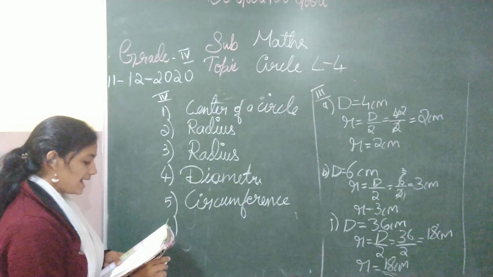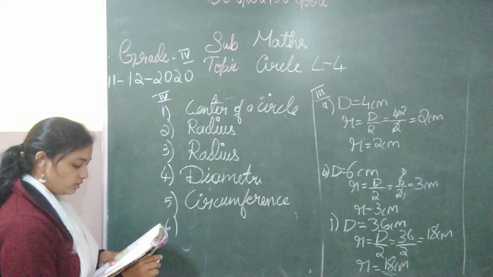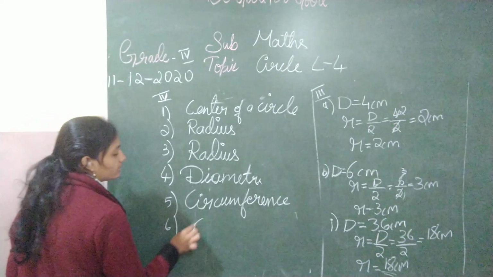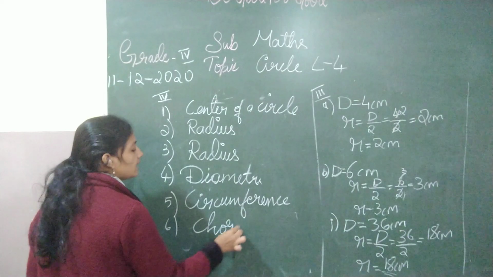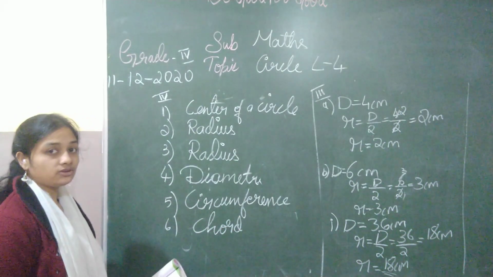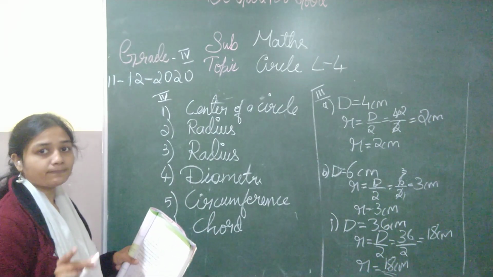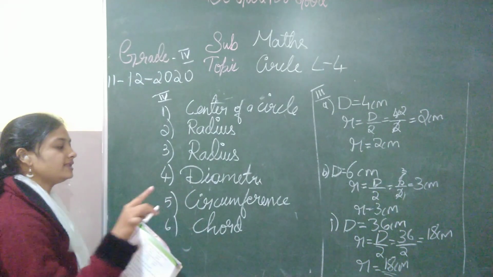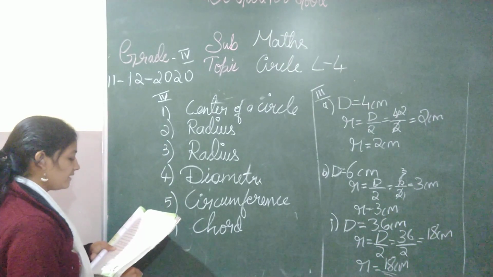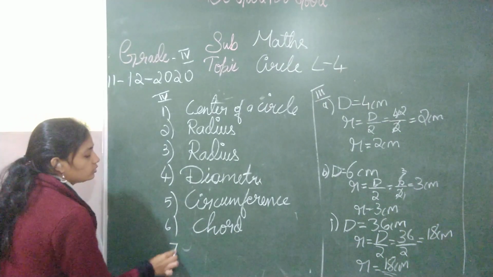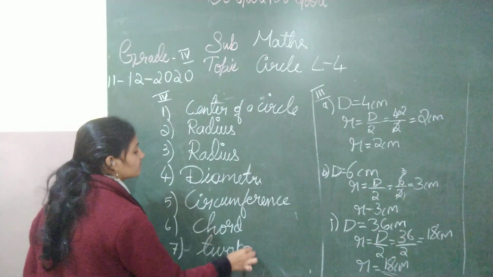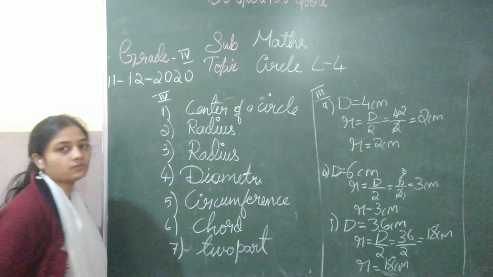Sixth one, the line segment having two endpoints on the circumference of the circle is called chord, which joins the two ends of a circle is called chord. If they have mentioned it touches two ends and passes through the center, then it is the diameter. Now seventh one, a chord divides the circle into two parts. So this is the answer for the fill-ups.